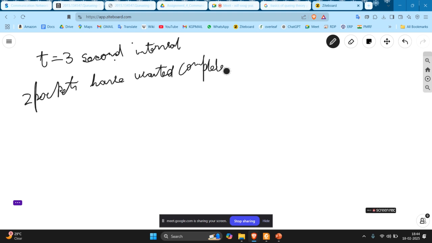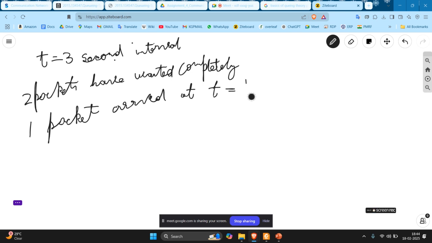So these 2 packets have completely waited. 1 packet arrived at t equal to 1. 1 packet finished service.